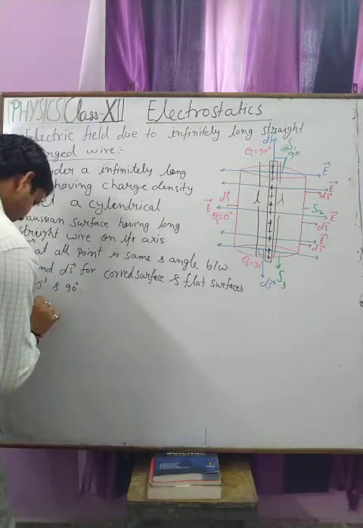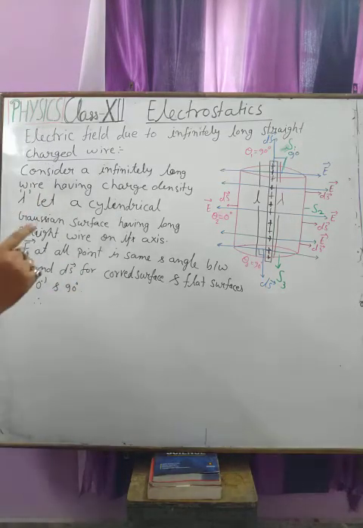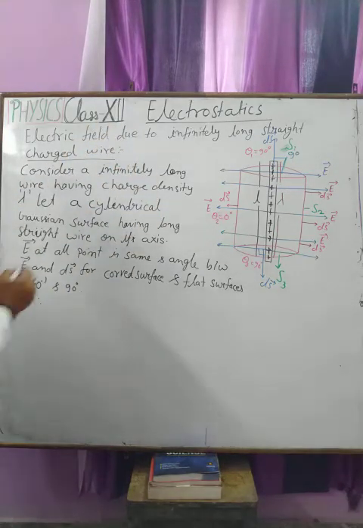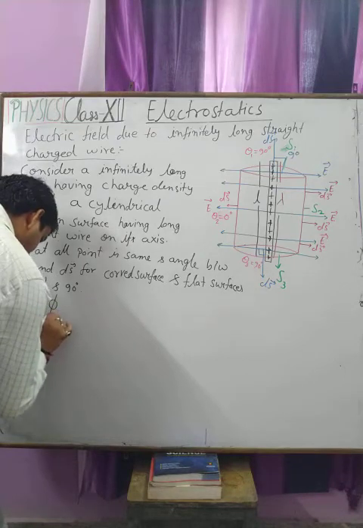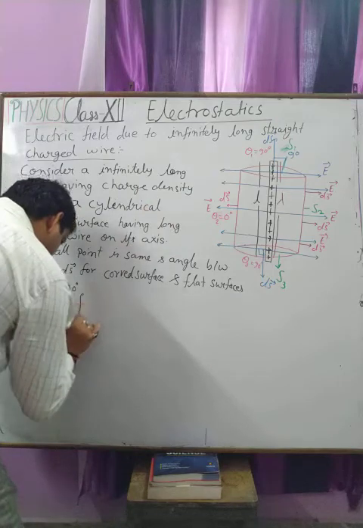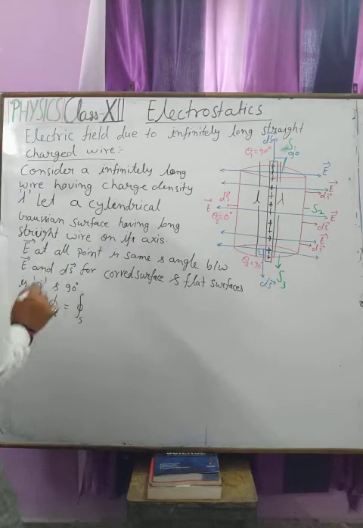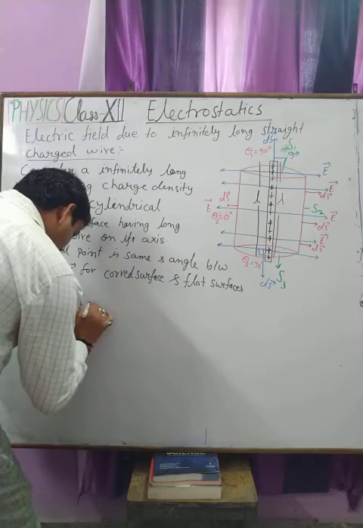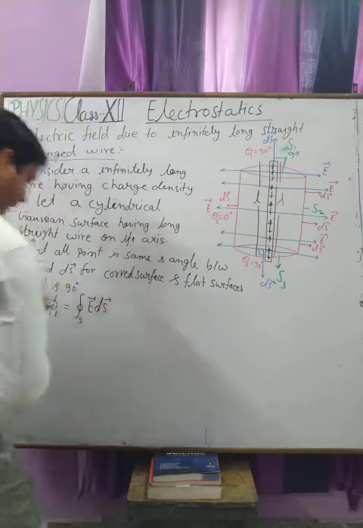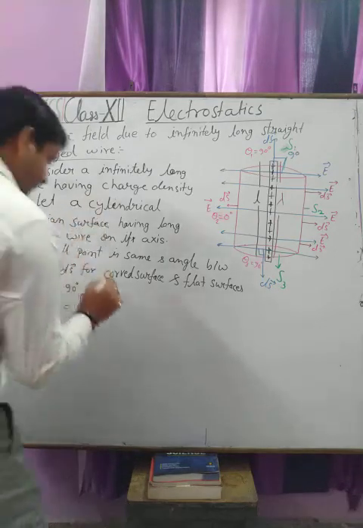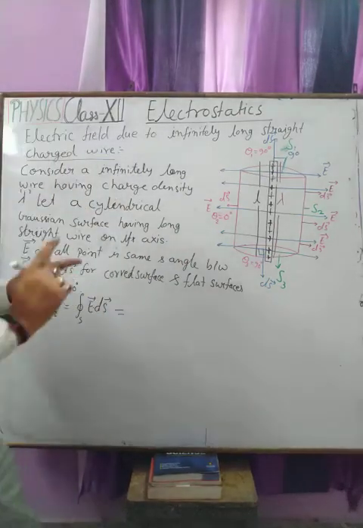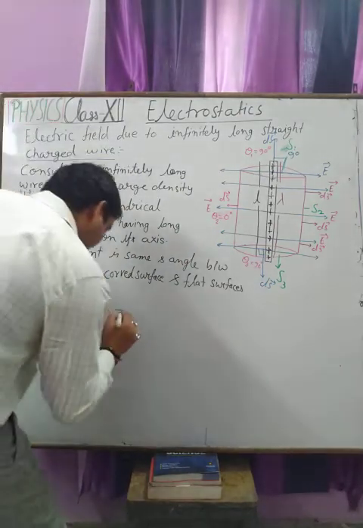Therefore, second step is calculate electric flux for the closed surface. Electric flux due to the surface is vector E dot ds. Now this cylinder has three surfaces. We calculate the electric flux due to the three surfaces.